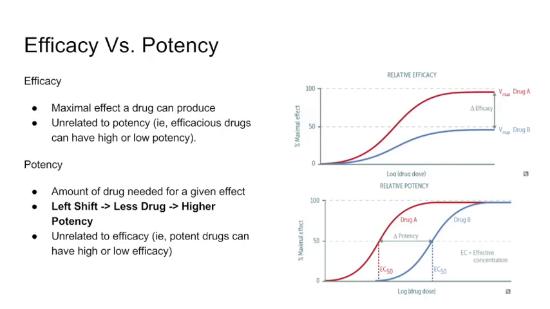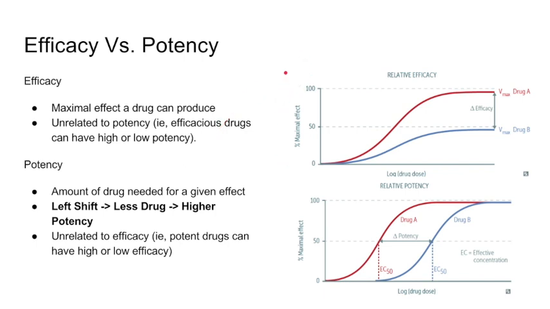So the way we describe the effects of an agonist or an antagonist is efficacy and potency. It's very, very important to make sure you understand the difference between the two and what each is explaining. So efficacy is the maximum effect a drug can produce. As we saw on the last slide, on the left, we have the maximum effect a drug can produce.